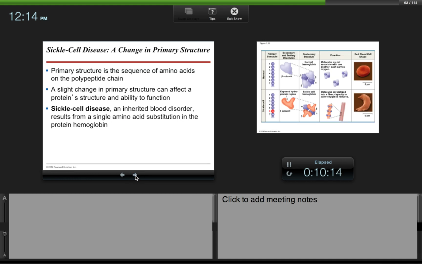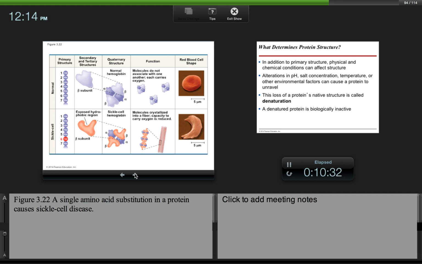Primary structure is the sequence of amino acids on the polypeptide chain. A slight change in primary structure can affect a protein's structure and its ability to function. Sickle cell disease is an inherited blood disorder, and it results from a single amino acid substitution in the protein hemoglobin. So if you look here, here's the normal sequence of amino acids, the normal primary structure.